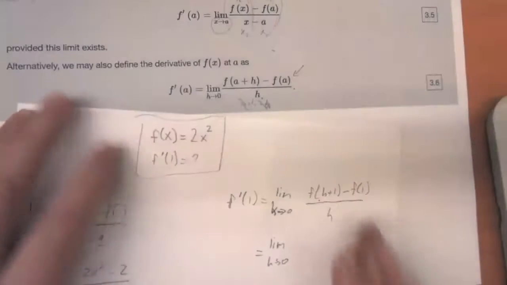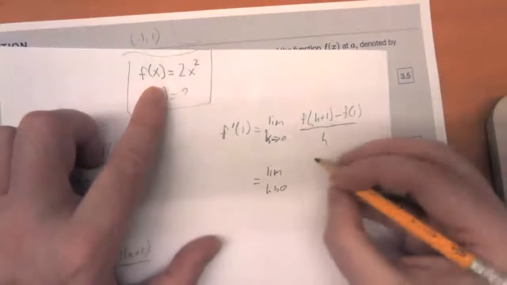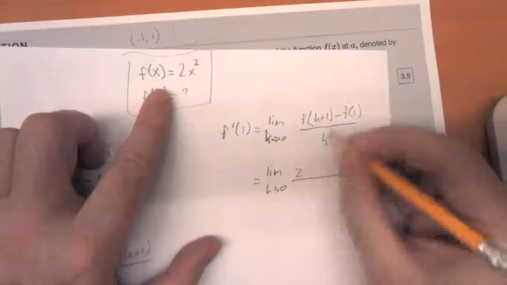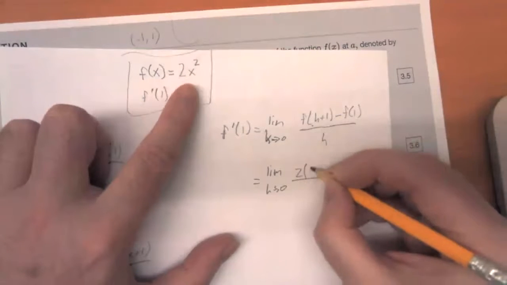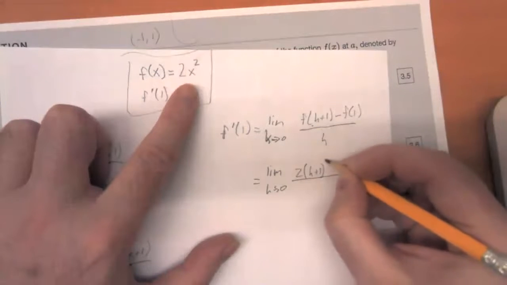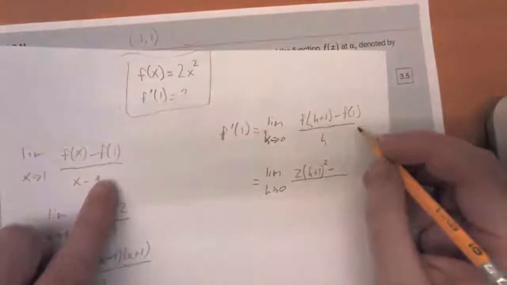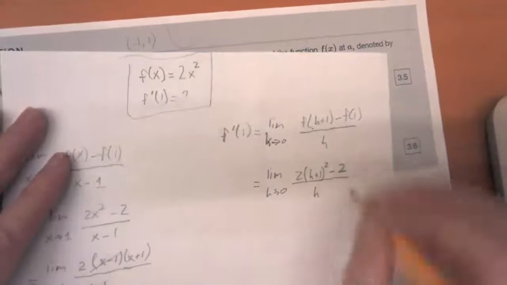So, substituting h plus 1 in for our value here, remember, all we're doing is h plus 1 is our input, so we're going to substitute that in for x. So this is 2 times h plus 1 squared minus f of 1. Over here, we saw that f of 1 was equal to 2, so we'll just repeat that.